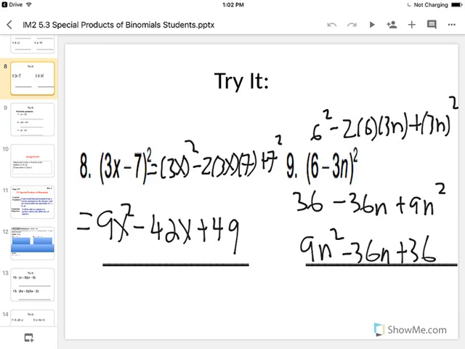These are the answers to number 8 and number 9. Remember to always write your answer in standard form.